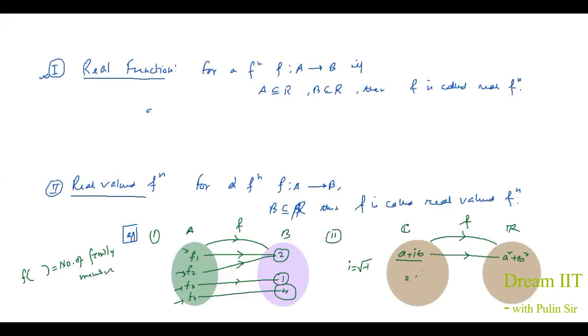For example, if I write 2 plus 3i here, my right side relation will be 4 plus 9, that is 13, right? Similarly, if I write simply 3i, this will be related to 9, like that. So you can see all outputs are real numbers, whereas inputs are not real numbers. So this is a good example of a real valued function.